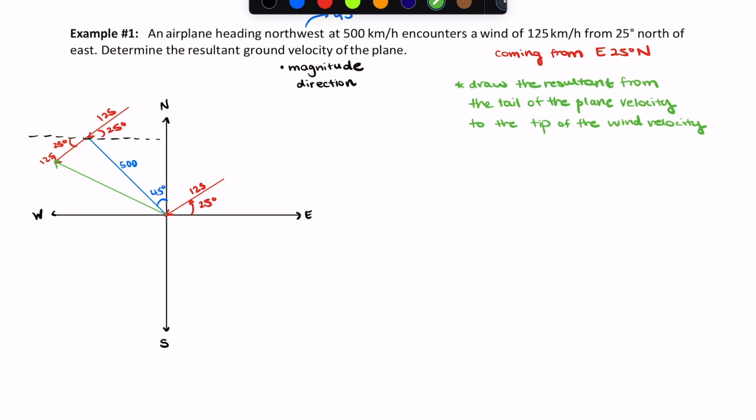If this is 25 degrees, then the angle inside would be 110 degrees.